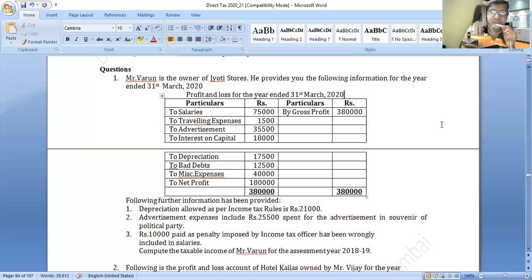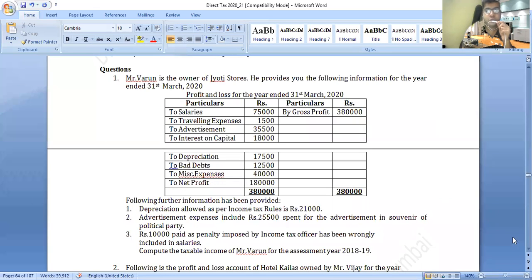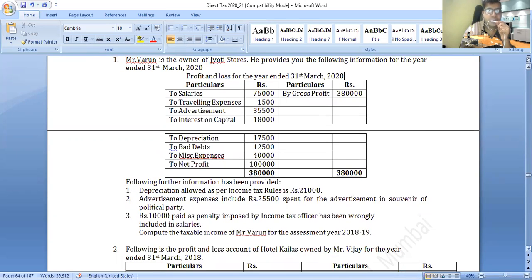Debit side: salaries 75,000, traveling expenses 15,000, advertisement 35,500, interest on capital 18,000, depreciation 17,500, bad debts 12,500, miscellaneous expenses 40,000, net profit 1,80,000, gross profit 3,80,000, total of both the sides 3,80,000.